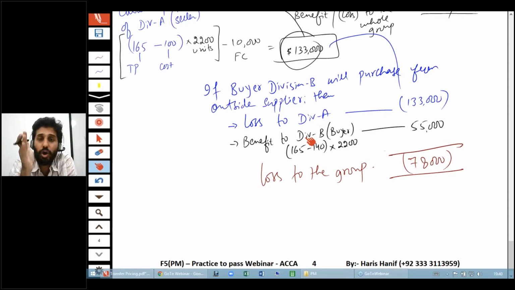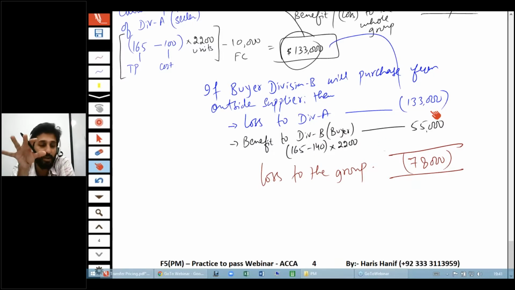If you want your division not to be shut down, you should reduce your price to $140, let's say for example. And similarly I will be having 55,000 profit. Your profitability would be reduced, but you will not be in a loss position.